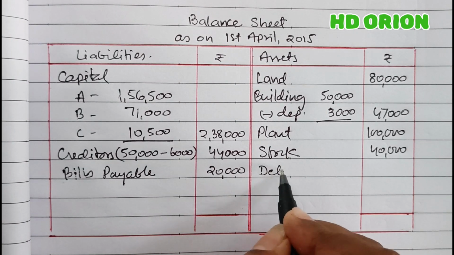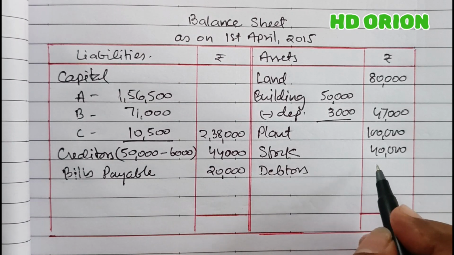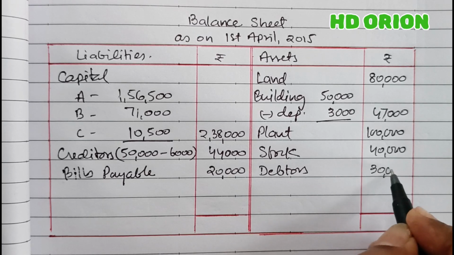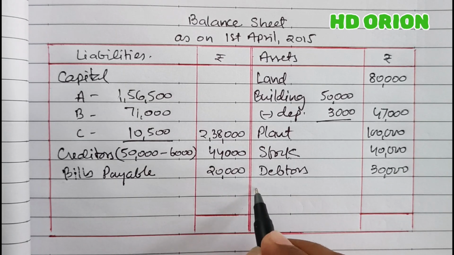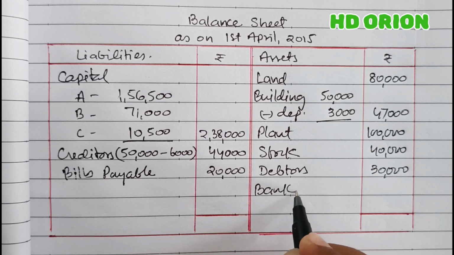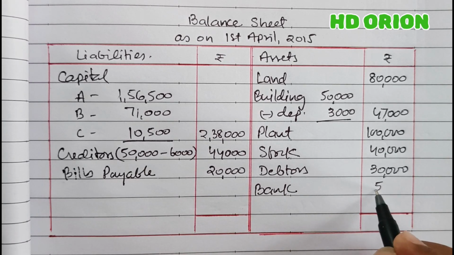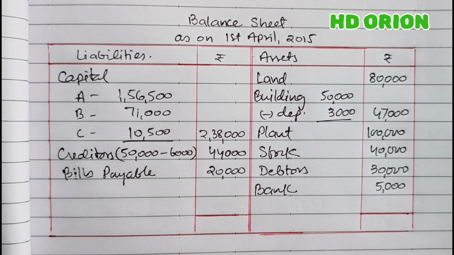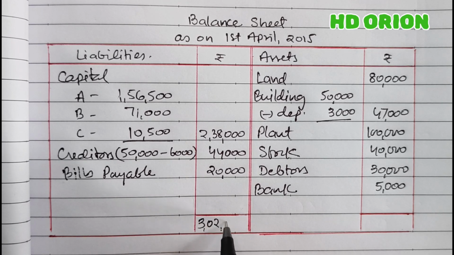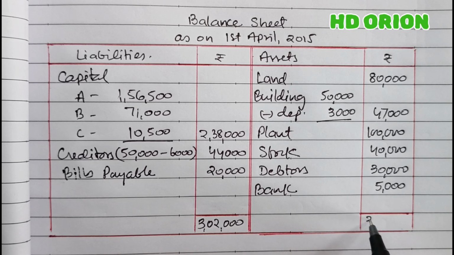Then debtors of rupees 30,000, and finally bank, no change in the value of bank also. Neither have we received any amount nor have we paid to anyone. Now we will grand total it, and it is 3,02,000. So this is how the question is to be solved.